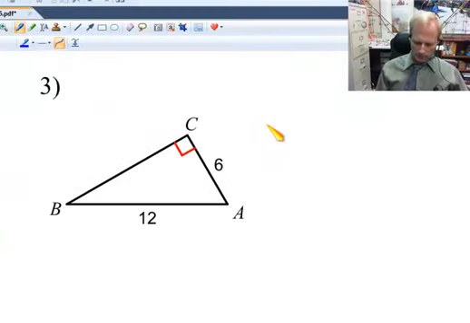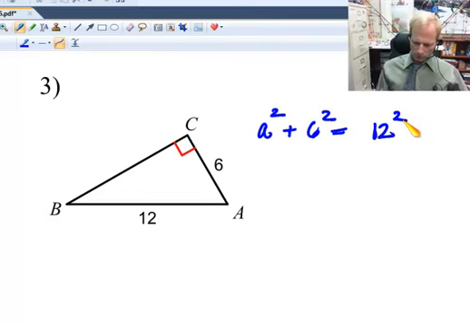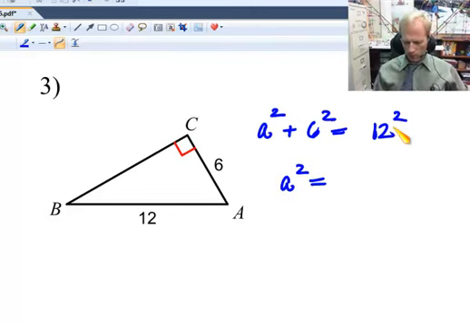So that's going to give me an equation that looks like a squared plus 6 squared is equal to 12 squared. And then if I solve that for a, I'm going to get a squared is equal to 144 minus 36, which is 108.